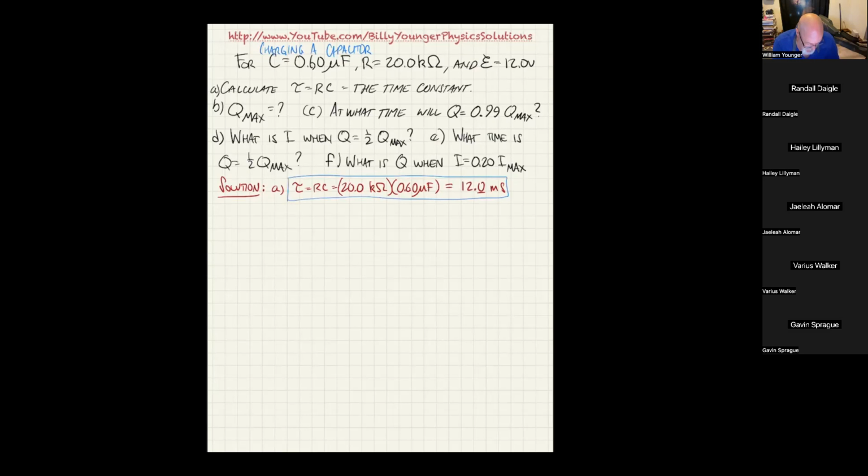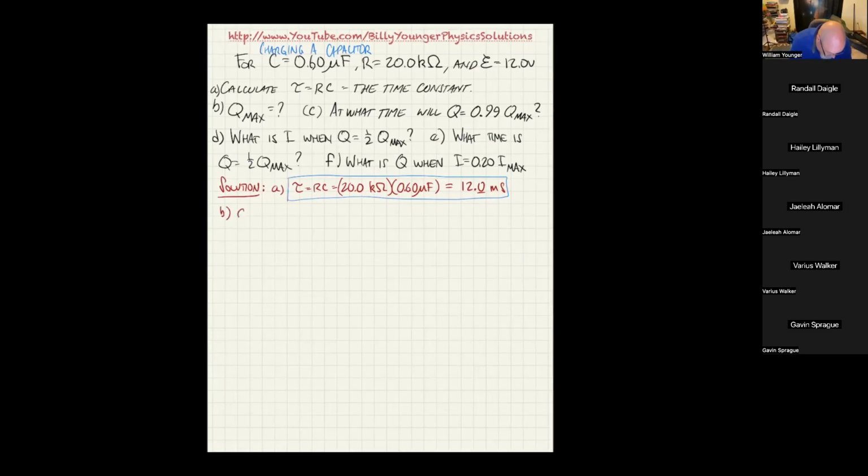Now in part B, we want to know what is the maximum charge that Q will get. And we sort of know that already, right? Because the maximum charge Q will get is the Q that occurs when the voltage across the capacitor is the entire voltage of the battery.